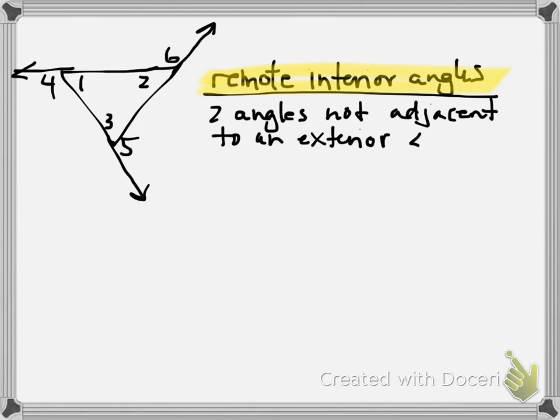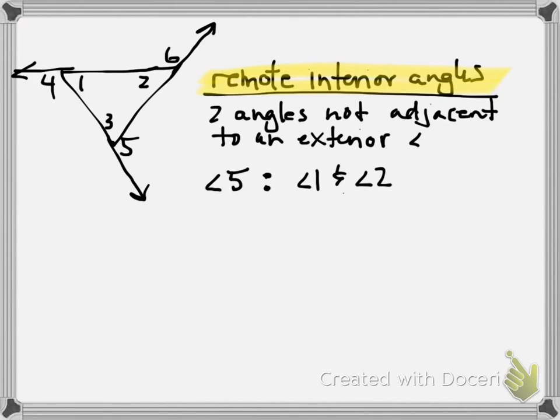So if angle 5 is the exterior angle, what would be the two remote interior angles? Interior means they have to be inside the triangle, and they cannot touch angle 5 at all. So what two angles inside the triangle do not touch angle 5? 1 and 2. So angle 1 and angle 2 are the remote interior angles to angle 5.